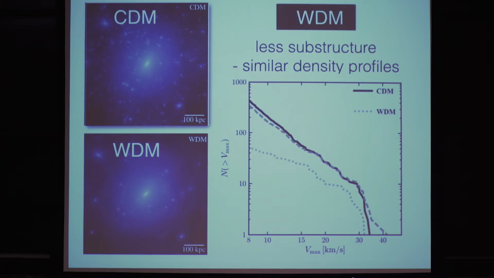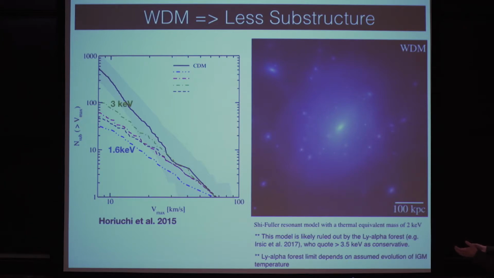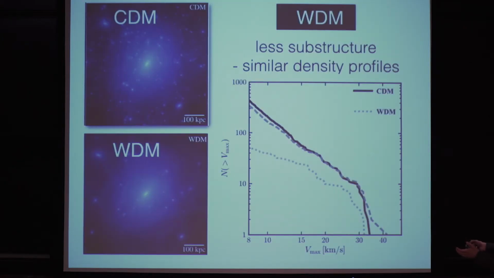So you really suppress substructure in these models because you're wiping out power on small scales. So you see that it's different than SIDM, and I'll return to that comparison again, because if you remember, SIDM doesn't change the substructure at all, but changes the density profile. Warm dark matter doesn't change the density profile at all, but changes the substructure. They have different effects.